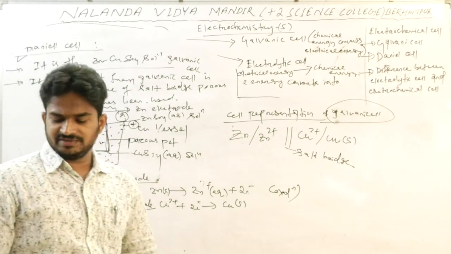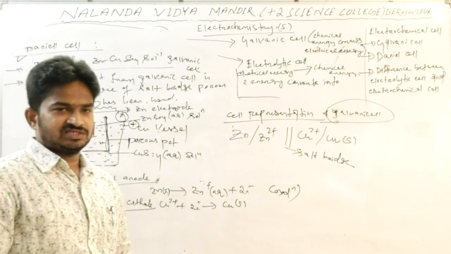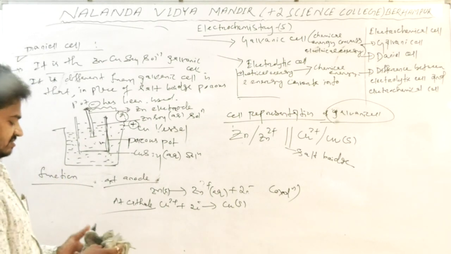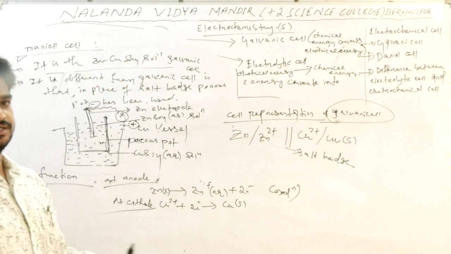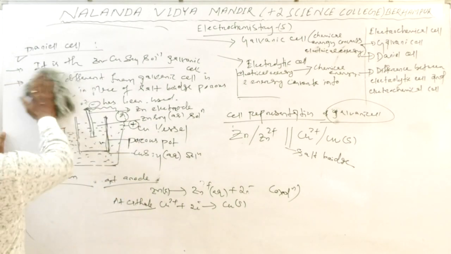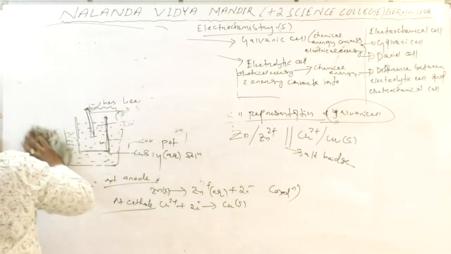Then we may remember some other galvanic cells, that is the copper silver nitrate cell and the zinc silver nitrate cell. And what will be the cell reactions in them? Let's see.